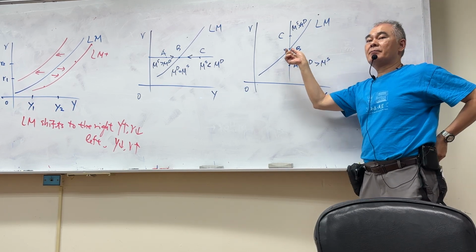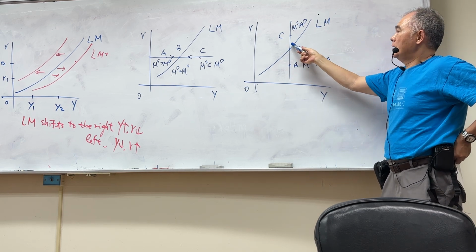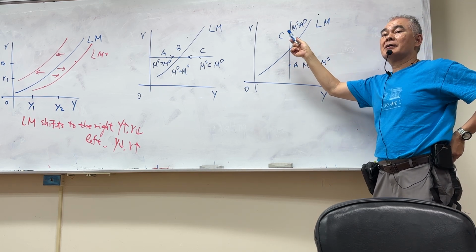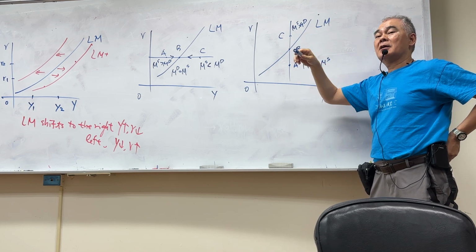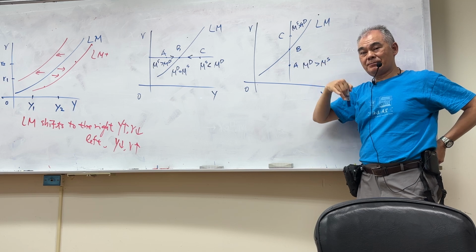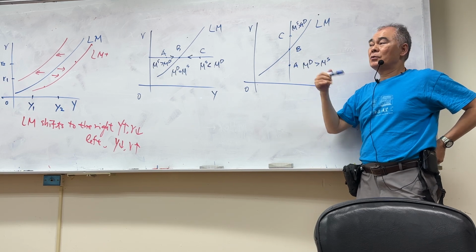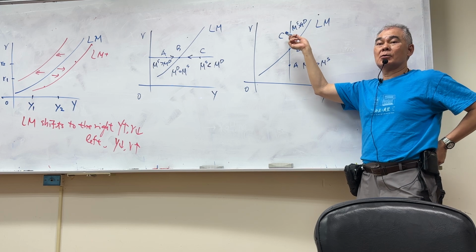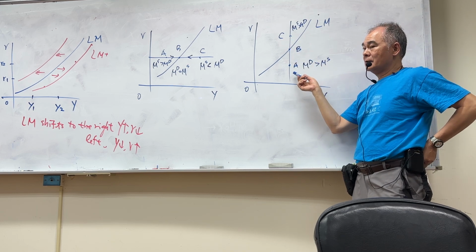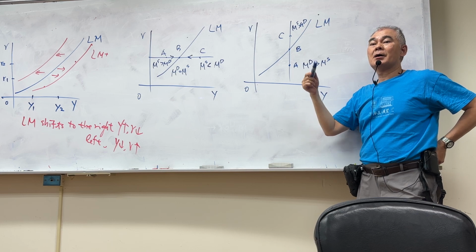At point B, MD is equal to MS. At point C, it has higher interest rate. If the interest rate is higher, the more money you keep in your pocket, the more income you lose, so your money demand goes down. And here, because interest rate is lower, your money demand goes up.